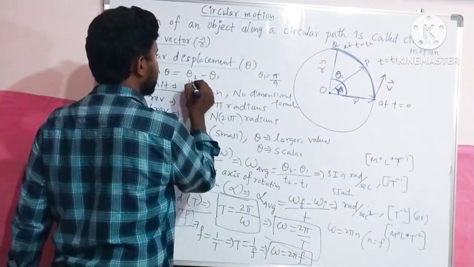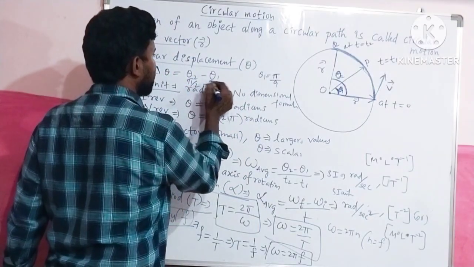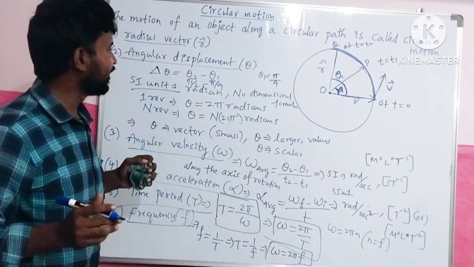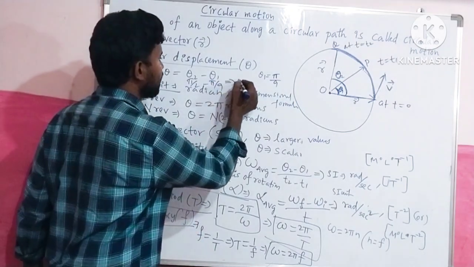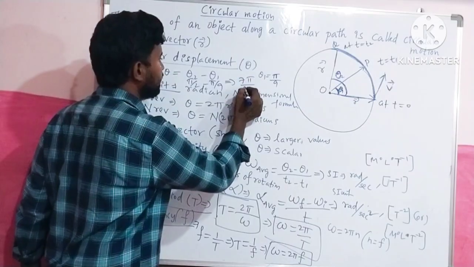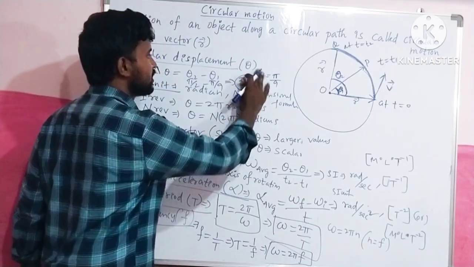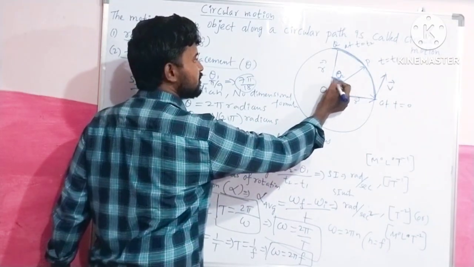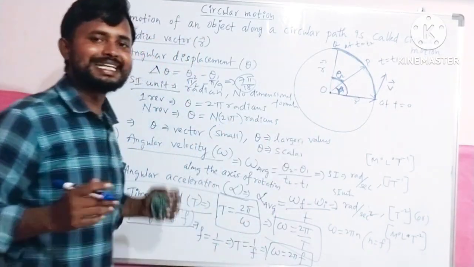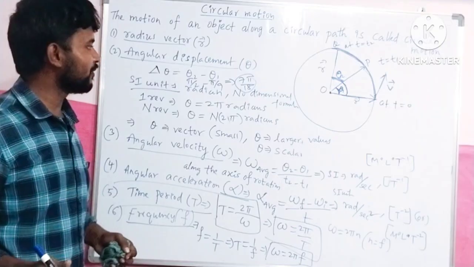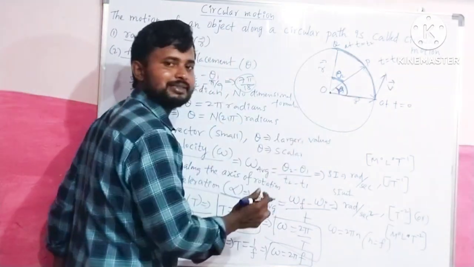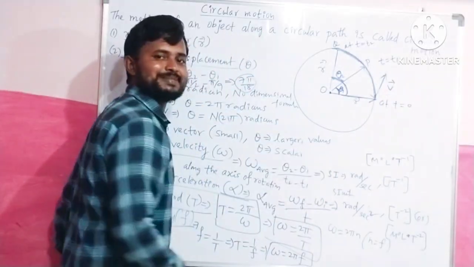We can take pi by 2 minus pi by 9. Here when we do the LCM, it is 7 pi by 18. This value is 7 pi by 18. So this is the angular displacement, θ2 minus θ1. When a body moves in a circular path, the body covers a linear displacement as well as an angular displacement.